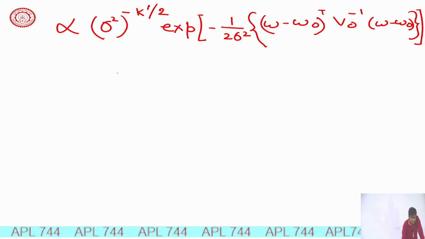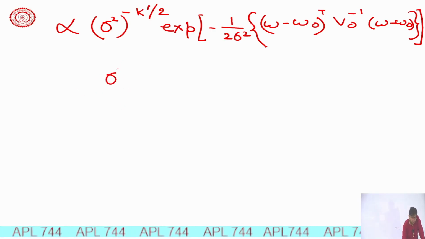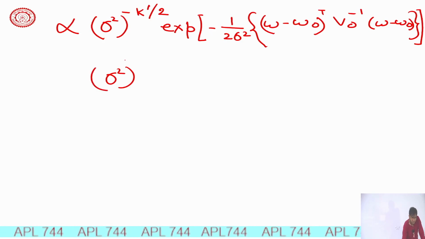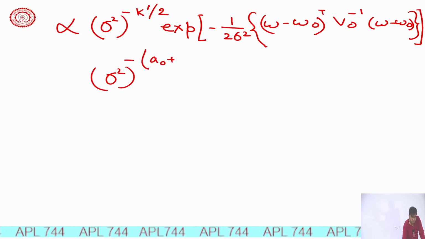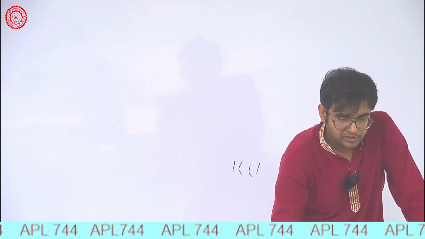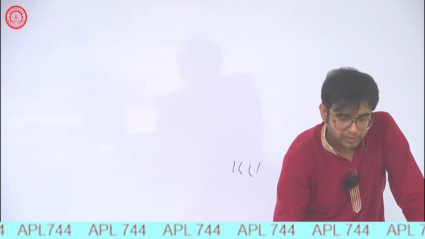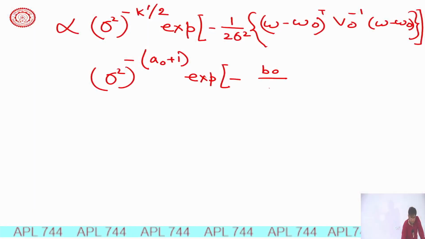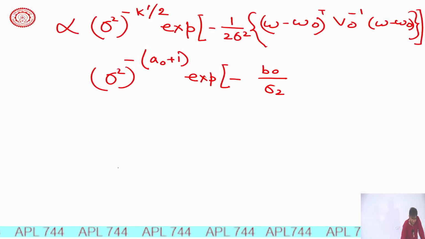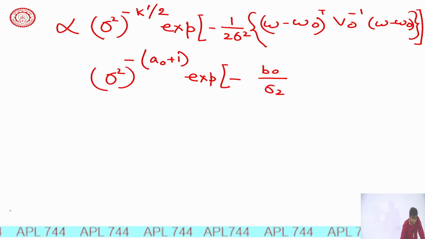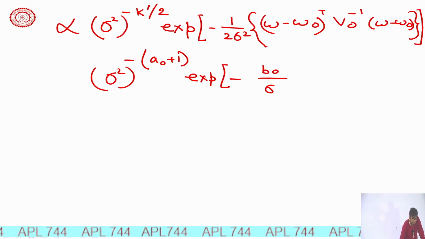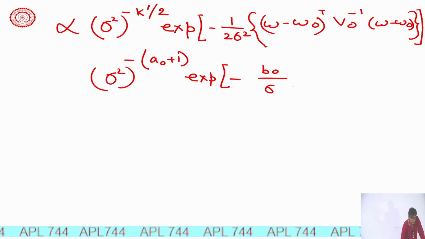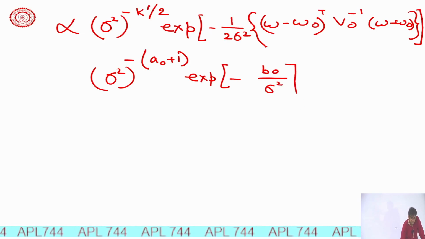So the other part is, this is corresponding to the inverse gamma part, sigma square to the power minus A naught plus 1 exponential of minus B naught by sigma square, not sigma 2. Okay.